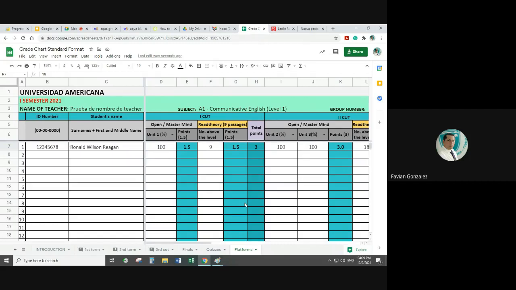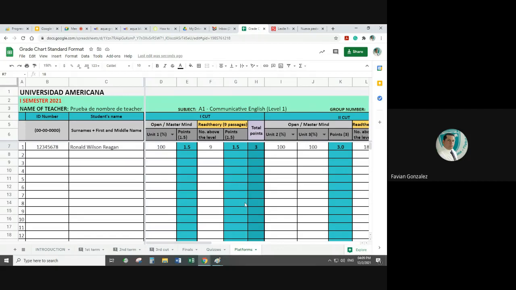And this is something that you need to explain to your students as soon as possible, so they understand that regardless of the number of passages they read, when they do it, they need to be very serious and very careful, because we are not going to give them points for all passages they read, but only for the passages that are above the level.